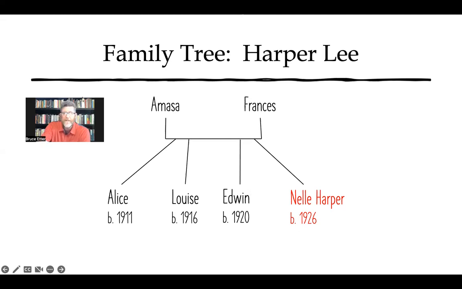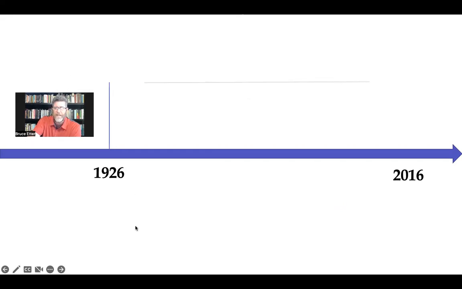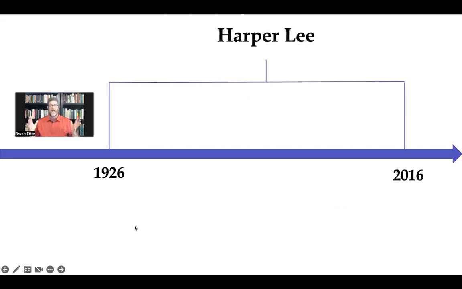Now, friends, let's look at the scope of her life. Her life spans, I know, she lived a long one. Look at this. That's right. This timeline, everything. Can you imagine that?